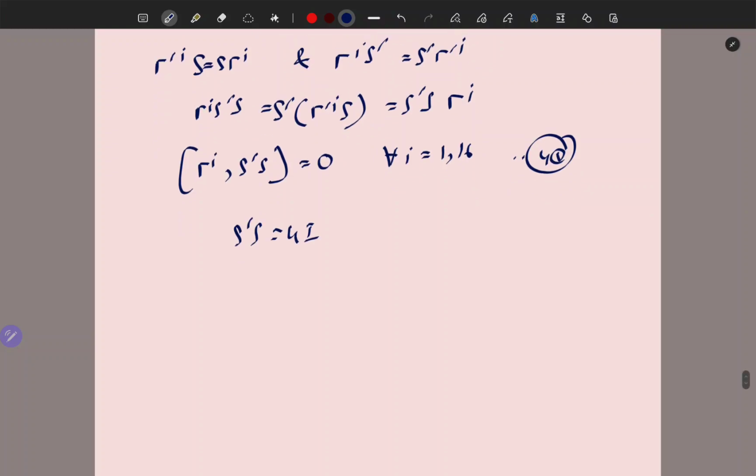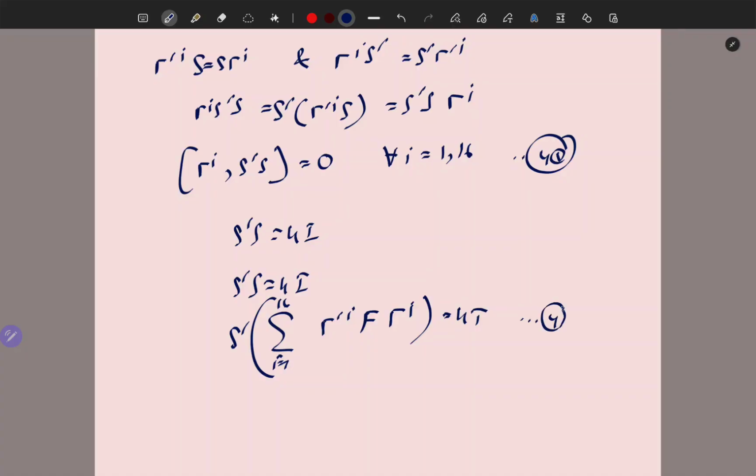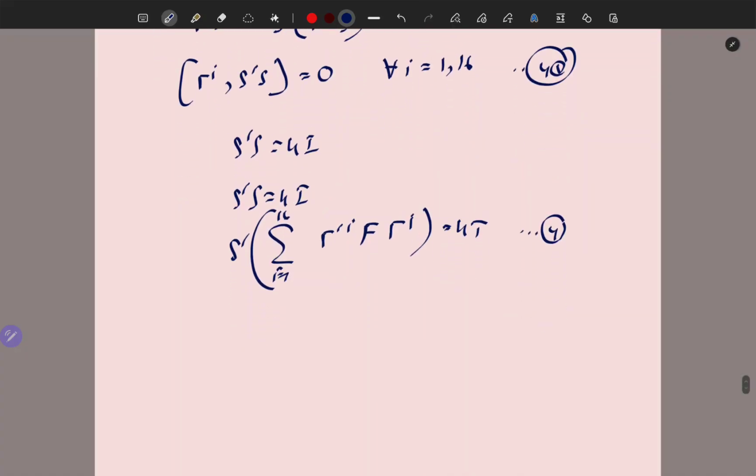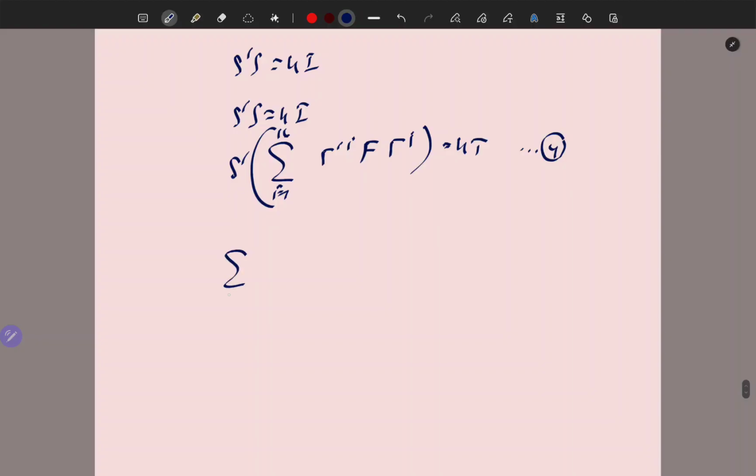Third, we show that K is not equal to 0, so that S'S equal to K·1. We have S' I equal to the summation over I equal to 1 to 16 of γ'_I F γ_I equal to K·1. This is equation number 41. If K were 0, then we have the summation over I equal to 1 to 16 of S' γ'_I F γ_I equal to 0.